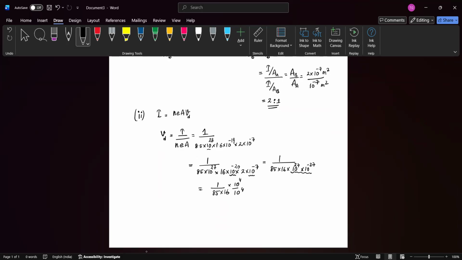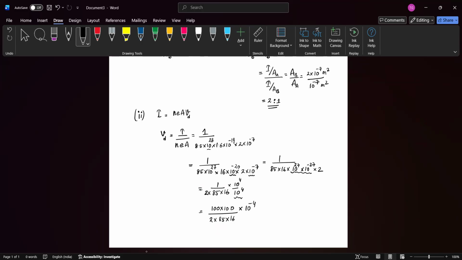I think we forgot the 2 in the denominator as well. There is a 2 as well. So 85 into 16 into 2. So we'll write that 2 here, 2 into 85 into 16. So I can write it as 10 power 4, or 100 into 100, divided by 2 into 85 into 16, and taking this 10 power 4 to the numerator it becomes 10 power minus 4.